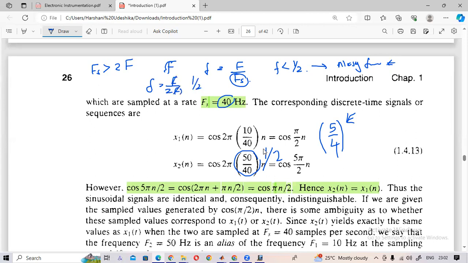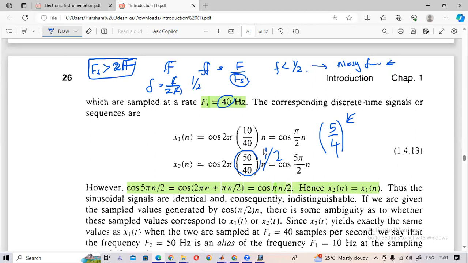If you choose the sampling frequency greater than twice the signal frequency, the normalized frequency will be less than half. That means it will not create an aliasing frequency.